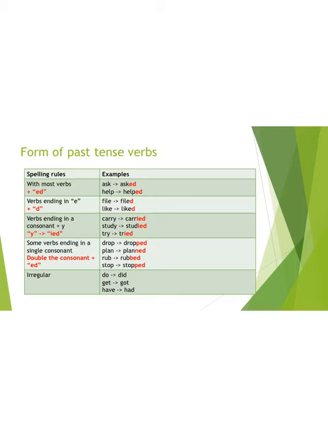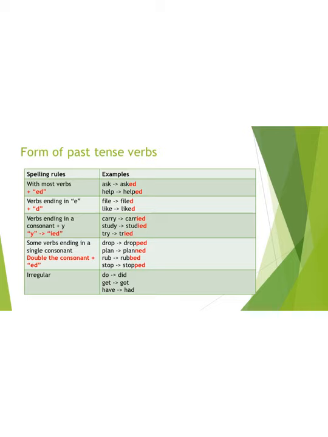Before we talk about the usage of this tense, let us first talk about the form of past tense verbs. For most of the verbs, usually we just add ed at the end. And for verbs ending in e, we just need to add d.